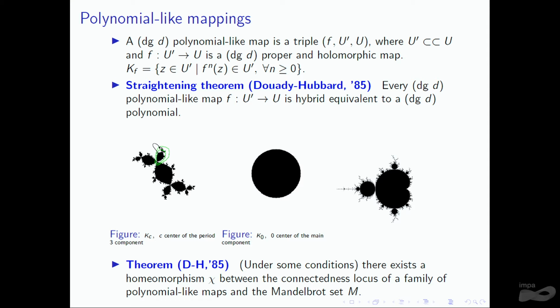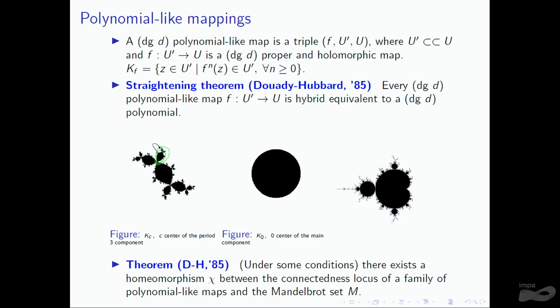And the dynamics of polynomials is the easiest dynamics you can find in complex dynamics. And every polynomial restricts to a polynomial-like mapping in a neighborhood of the filled Julia set, because it does. It's the model. But there are a lot of other examples.